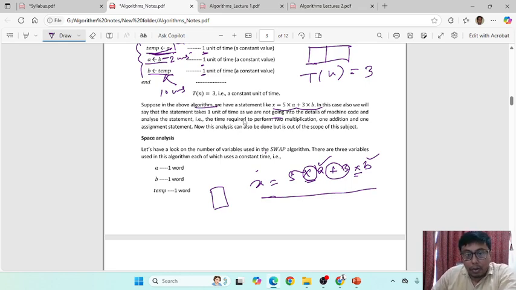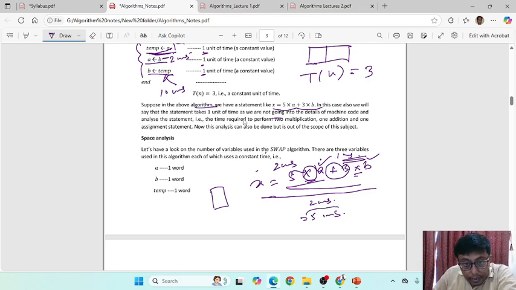Then if you consider this statement as a whole, suppose 5 into a takes 2 milliseconds of time, 3 into b takes 1 millisecond of time, and the addition takes 2 milliseconds. So 2 plus 1 is 3, and 3 plus 2 is 5. All in all, 5 milliseconds of time will be required.